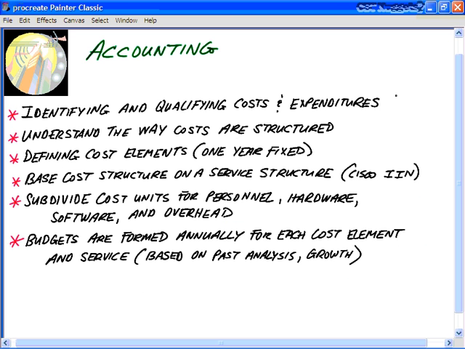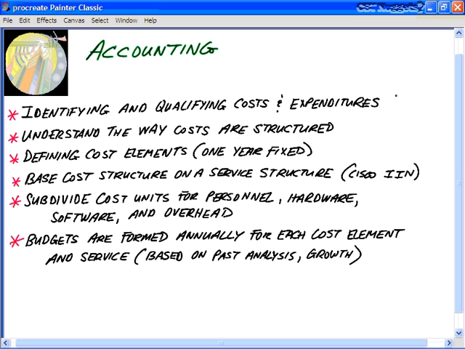The accounting process is made up of identifying and qualifying the costs and the expenditures of your organization, the outlays. You want to understand the way that your costs are structured. Again, that goes back to what we talked about earlier. Are you structuring and defining your costs based on fixed versus variable, capital versus operational, direct versus indirect, and how are you categorizing all of your cost units?